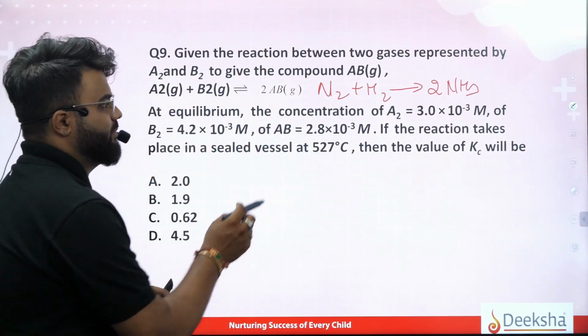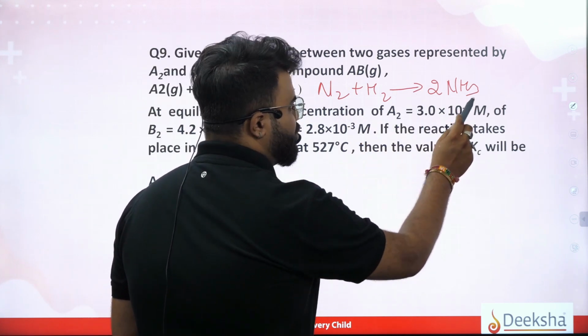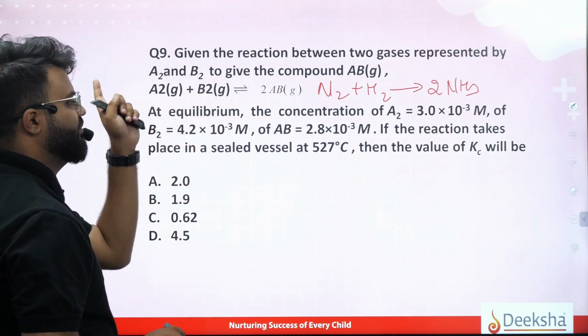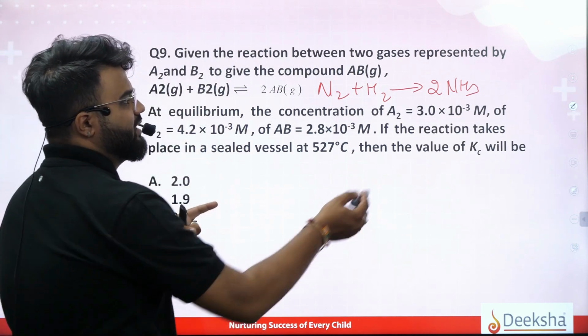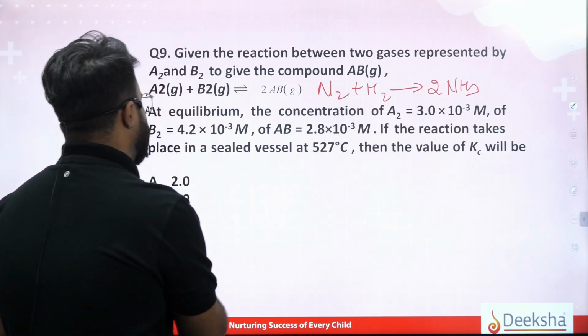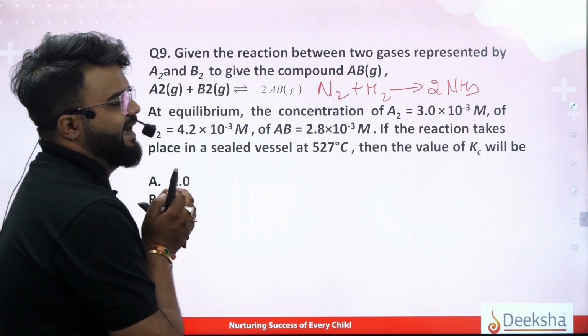At equilibrium, the concentration of A2 is 3.3 into 10 to the power of minus 3 molar, B2 is 4.2 into 10 to the power of minus 3 molar, and AB is the product, 2.8. If the reaction is placed in a sealed vessel at 572 degrees Celsius, then the value of Kc.